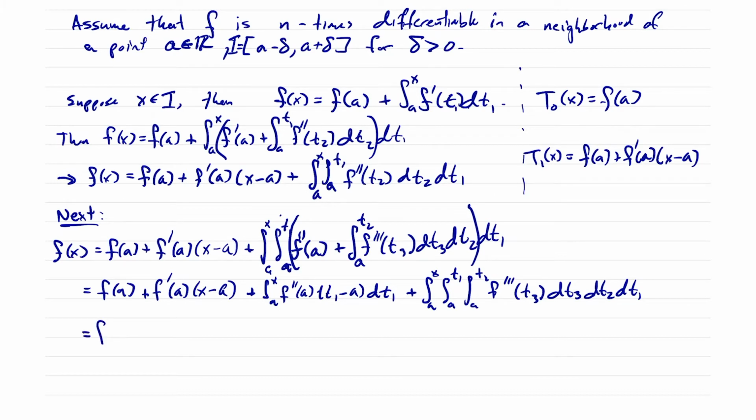So we're going to get f of a plus f prime of a times x minus a plus now we're going to get f double prime of a, that just pulls out. And so the integral now is going to be t1 minus a quantity squared divided by 2 evaluated at a and x.